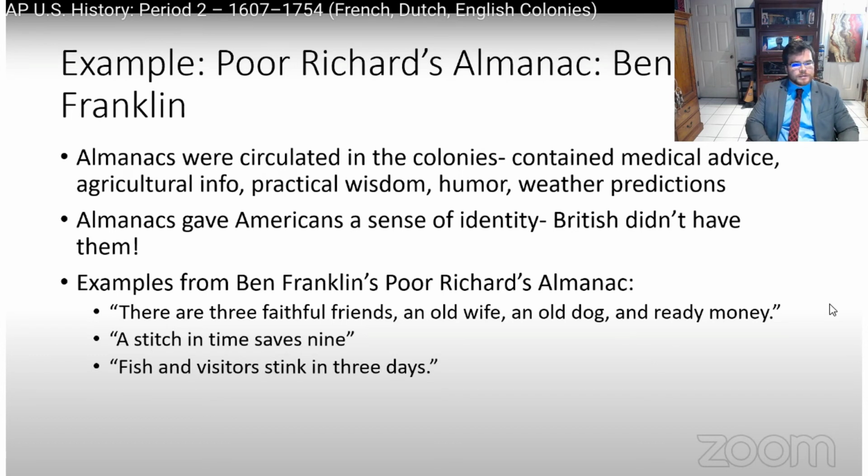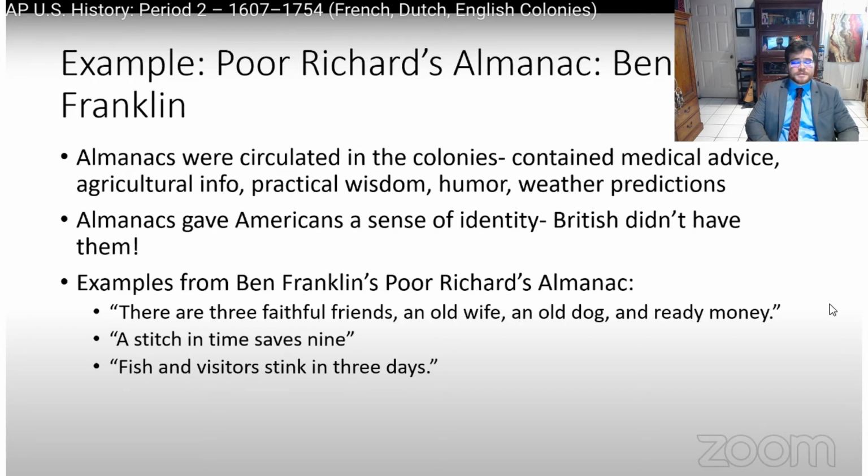All right, let's talk about Poor Richard's Almanac. Okay, Benjamin Franklin. Almanacs were kind of like just fact books that had all sorts of good information. People loved them. I mean, they had like jokes and weather predictions, which were probably wrong, but medical advice, which was probably wrong too.